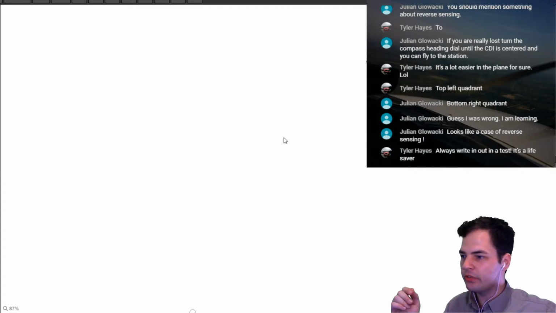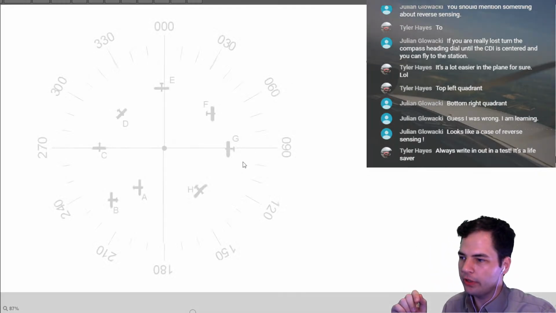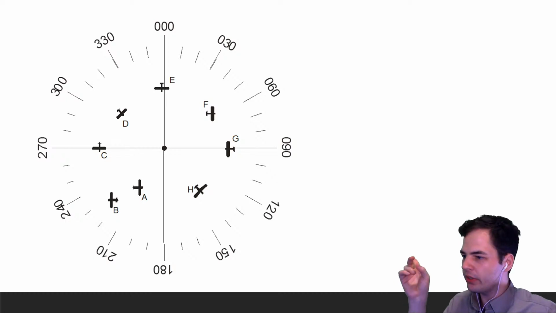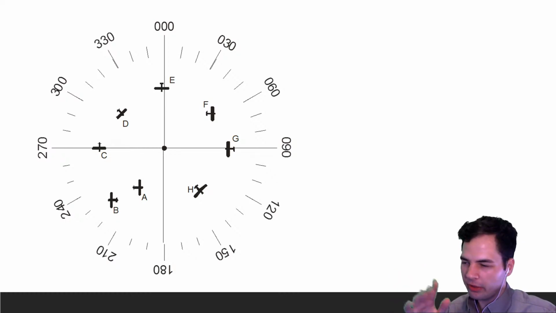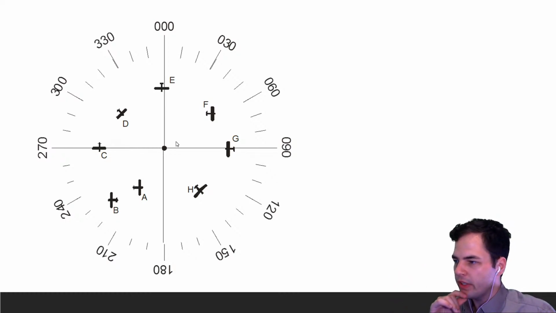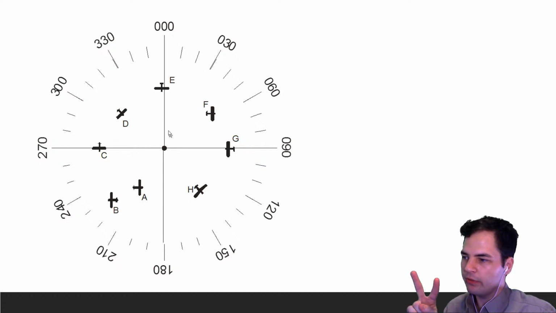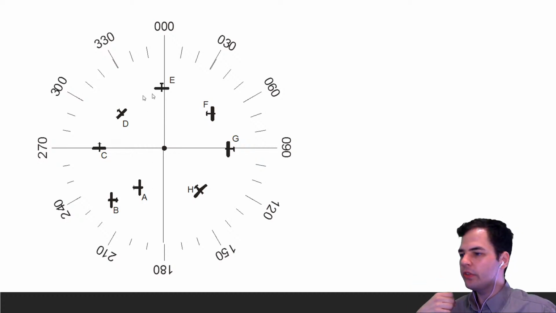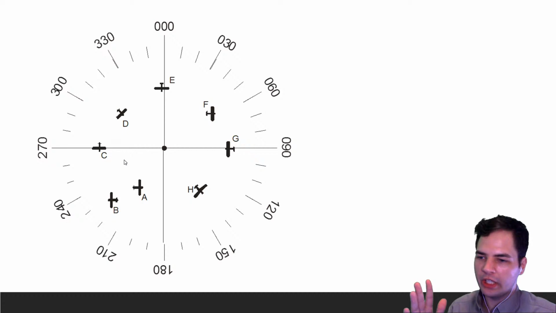So that, by the way, is kind of the two different scenarios. One, they very likely will use a map like this. Not all the time, but very likely. And what they tend to do is have two different types of questions. One, they will say, which of these airplanes has this instrument indication?